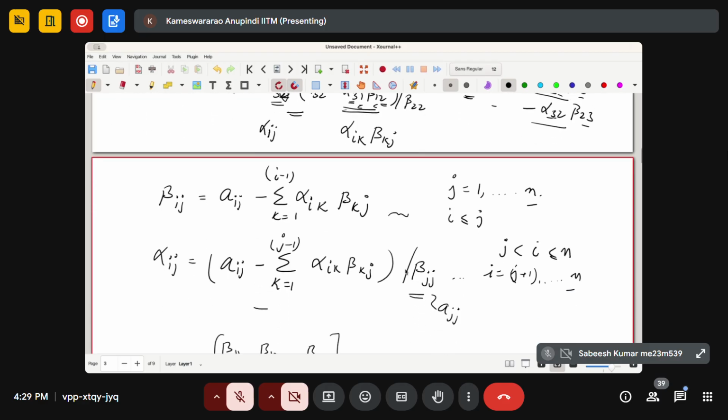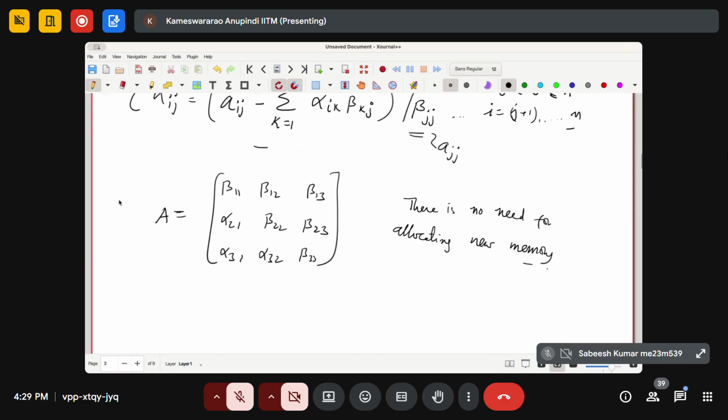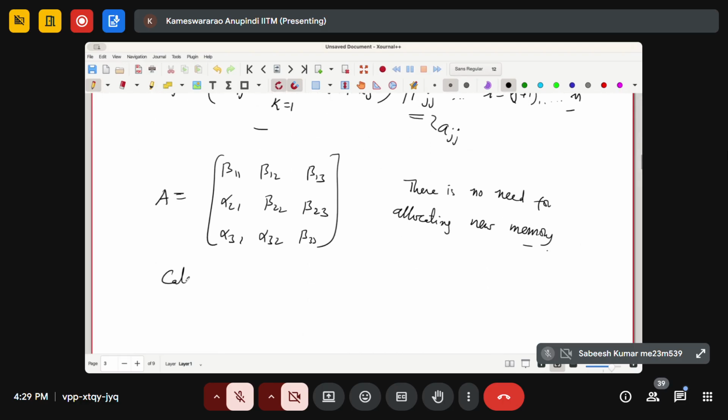That means for every j, calculate all beta ij's and all alpha ij's. Calculate beta and alpha ij for each j, and then go to the next j value.